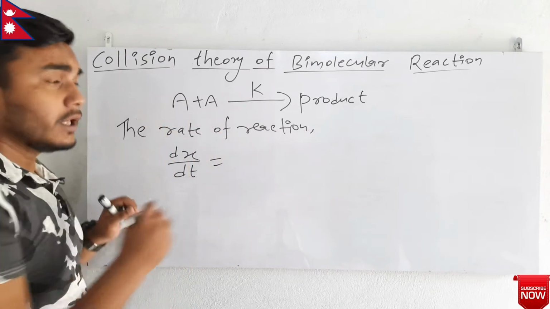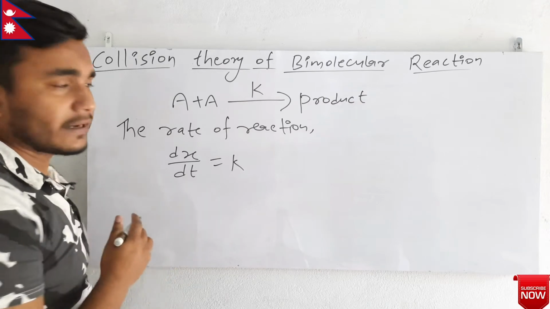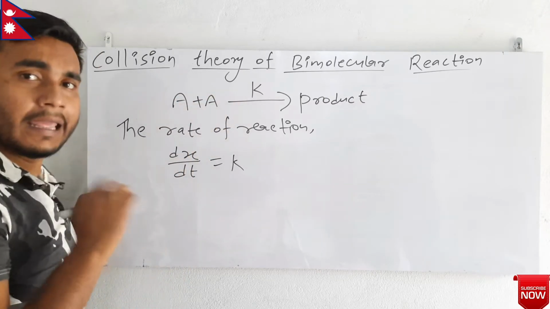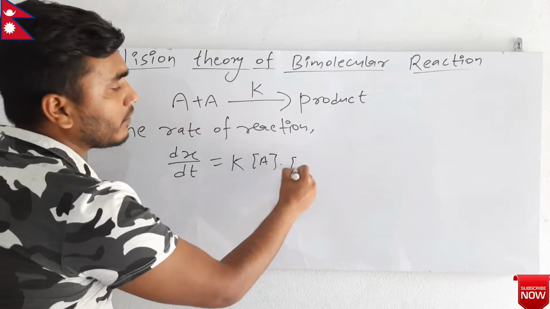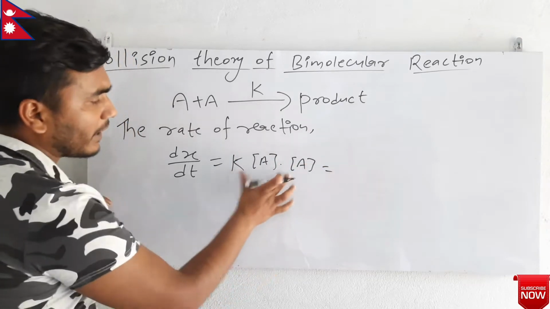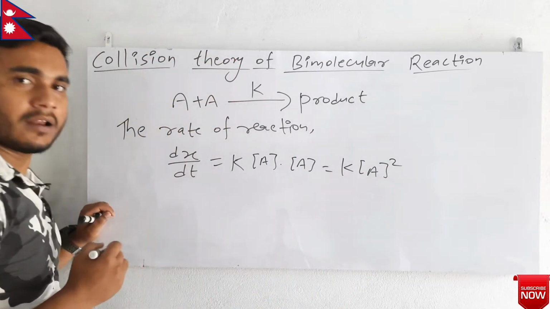It is equal to the rate constant, that is K, and the concentration of reactants. Here there are two reactants A and A, so if we multiply their concentration we will get this kind of form, right? So we can write this form to be K times concentration of A whole square, isn't it?